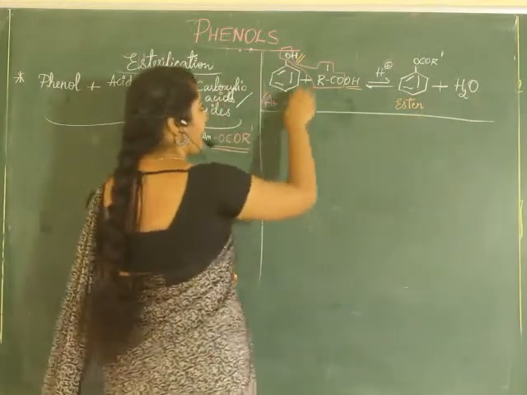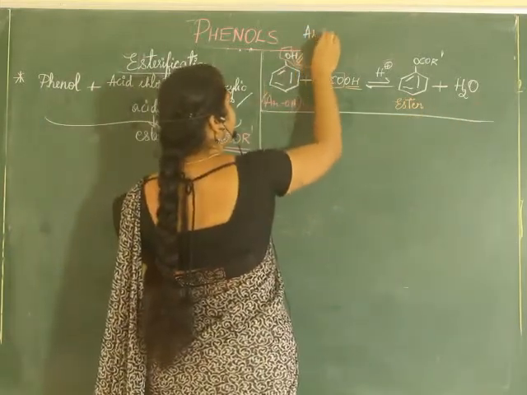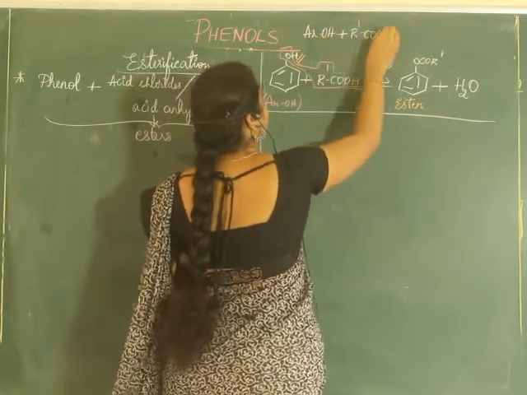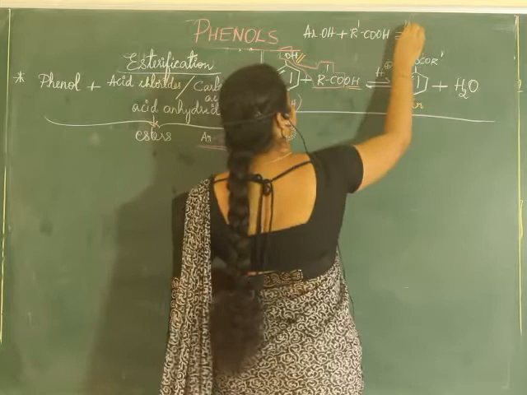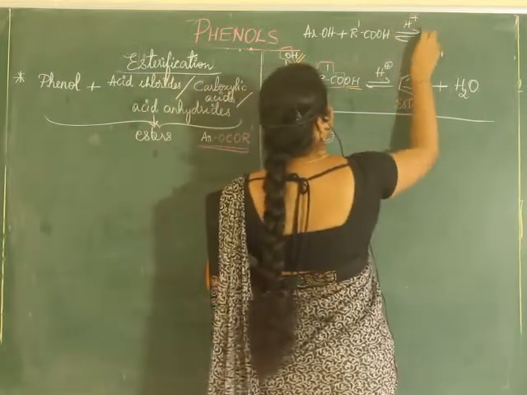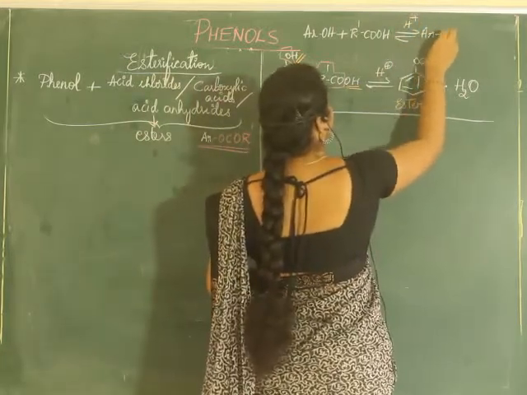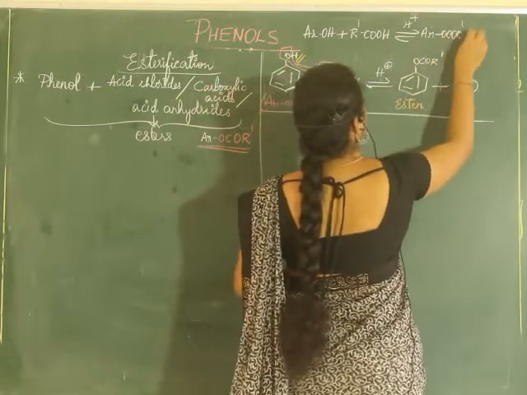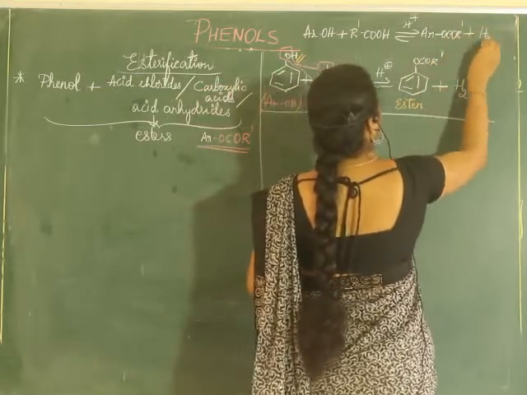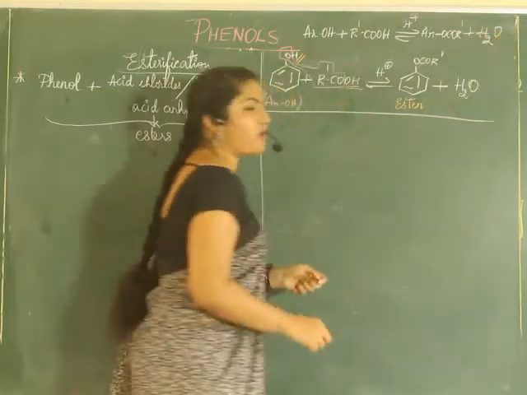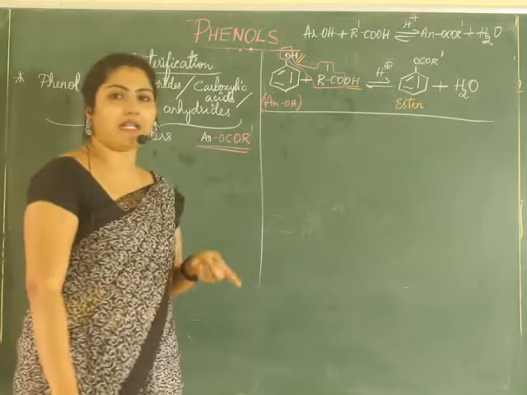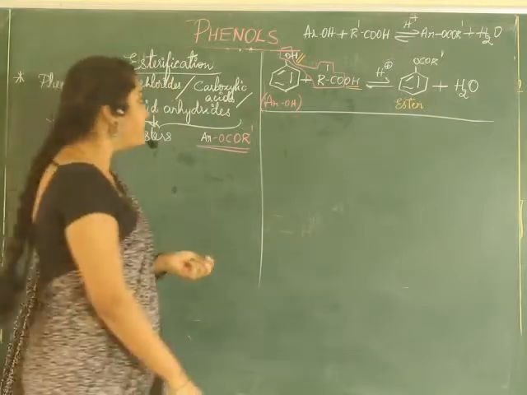Or otherwise, how can you write this? Phenol plus carboxylic acid in the presence of acid gives ArOCOR dash plus H2O. This is how it is mentioned in the textbook, along with alcohols. So I hope this will be clear if you understand.